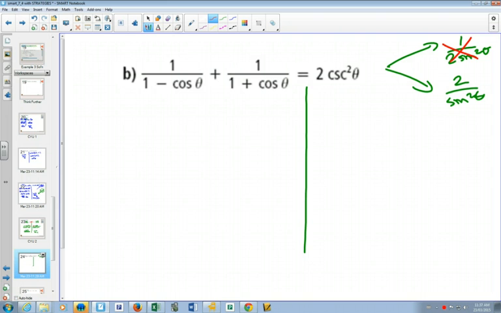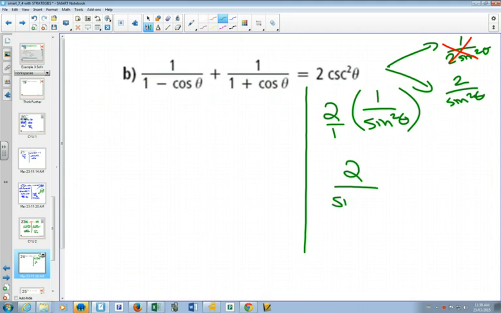This means 2 times cosecant squared, and if I do it in 2 steps, that would mean 2 times 1 over sine squared, because cosecant is the reciprocal of sine. Then, if I'm multiplying fractions, I don't multiply top and bottom by 2 because this 2 out in front is 2 over 1. So that would only multiply the tops, and 1 times sine squared would be 2 over sine squared. So if you're also tempted to write 2 over 2 sine squared, I wanted to point that out as well.